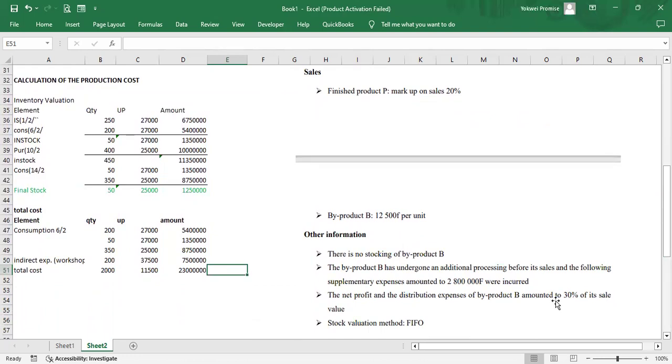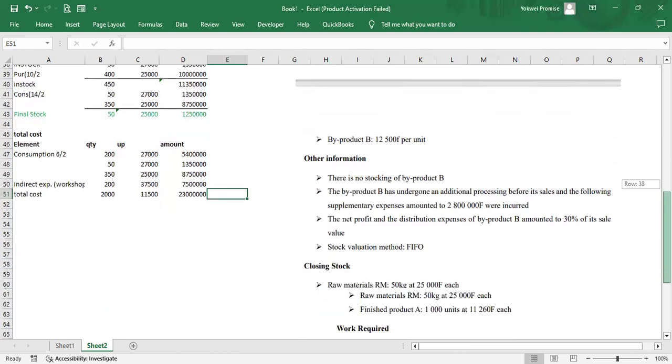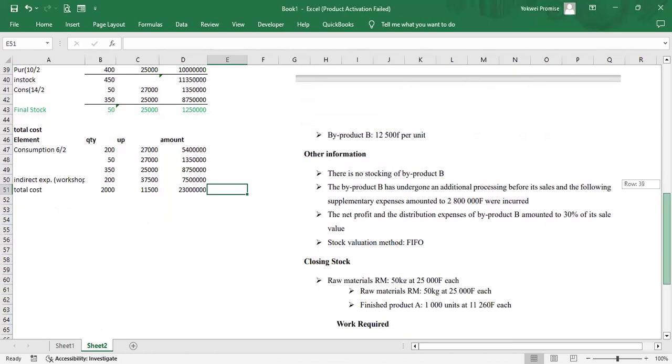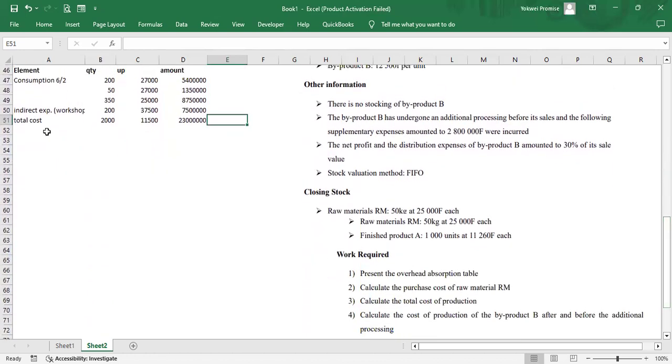So for us to know the cost after supplementary treatment, we are going to just remove the profit from the sale. So the next part of the question, we are going to determine the cost of production of byproduct.